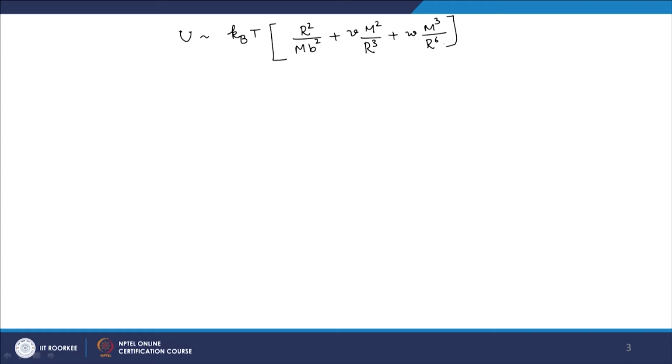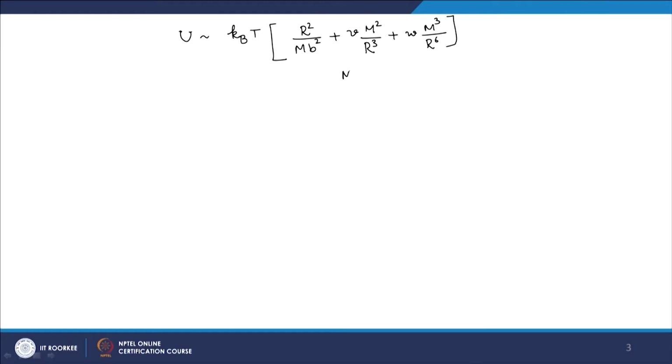So, now you play a trick here, and the trick is that m is much higher than 1, okay, and we already assume that the chain is very long. What also happens in the case of a collapsed chain is r is very small.